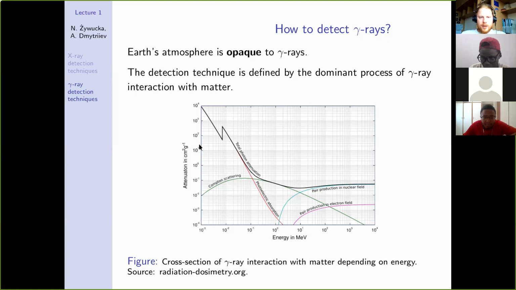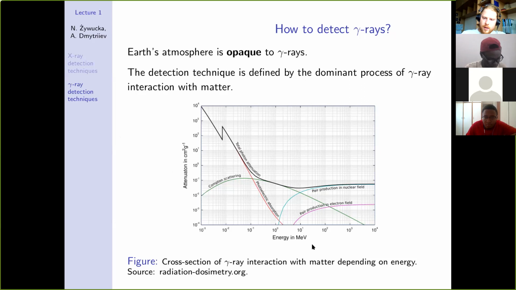On this plot, you can see the attenuation of gamma rays depending on the energy. The attenuation is in these units: the cross section of interaction per gram of matter. So more or less, it's the total cross section per unit of mass. I think it depends on the material, but I think this is for lead.